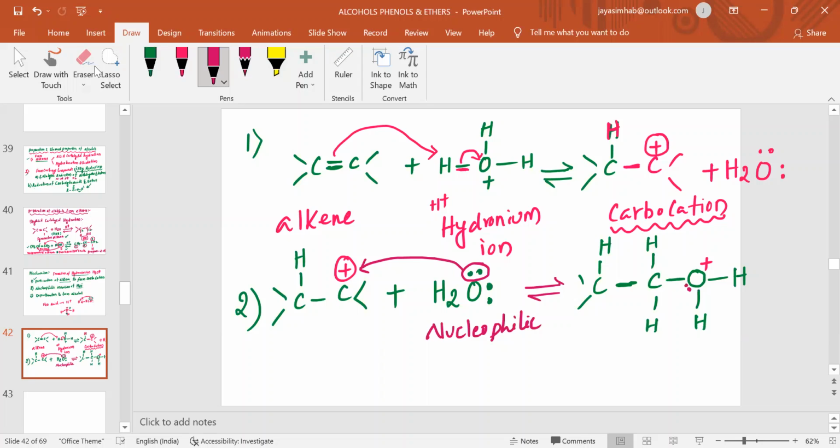So the third step, we have to see the third step. Deprotonation to form an alcohol. How will it happen? Removal of a proton, removal of hydrogen. So this hydrogen will be removed. Understand? I will show you how it will happen. So I have to write that intermediate.